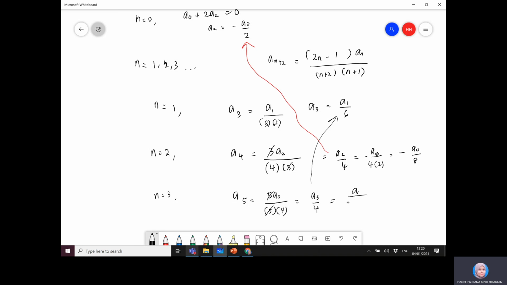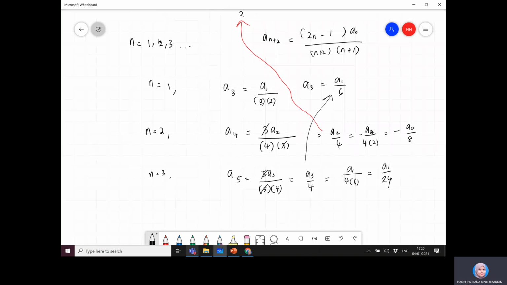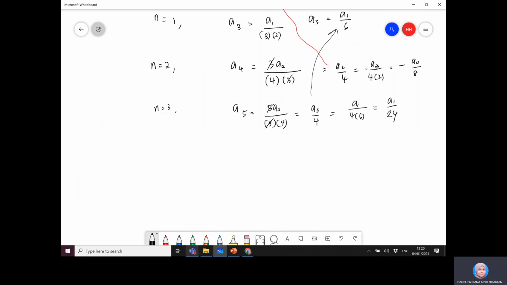So it's a1 over 4 times 6. So a5 is a1 over 24. So yeah, you can see the pattern already. It's all in terms of a0 or a1. Then we can get the solution already for this particular problem.